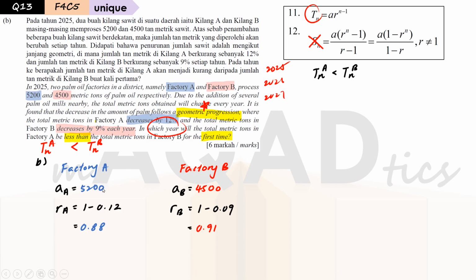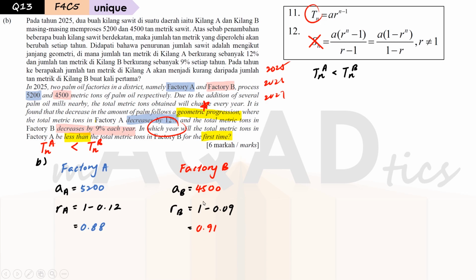If you compare the values here, you can clearly see that there will be years where factory A is less than factory B. If you compare the value of a, of course factory A has a higher value than B. But if you look at the value of r, factory A is much smaller compared to B. This means that as every year goes by, factory A's value will go down faster compared to factory B, because the value of r is smaller.